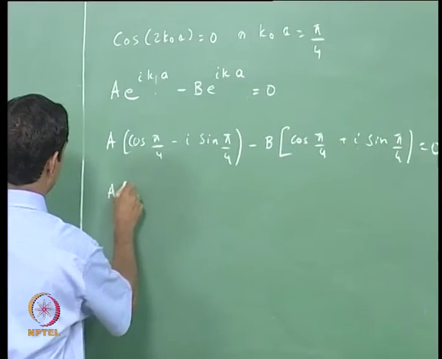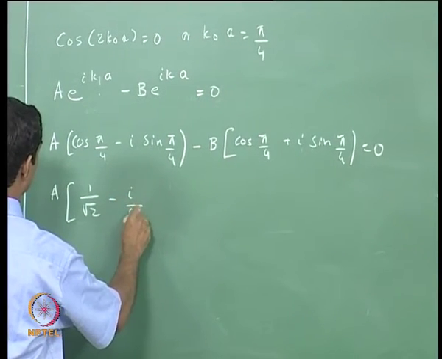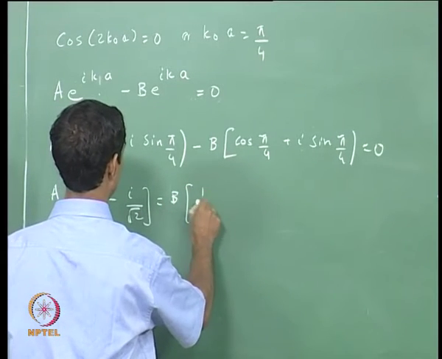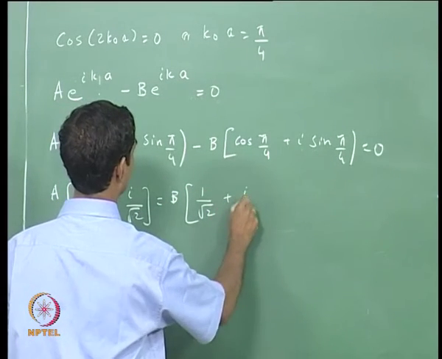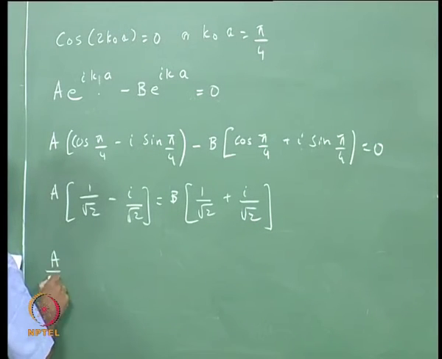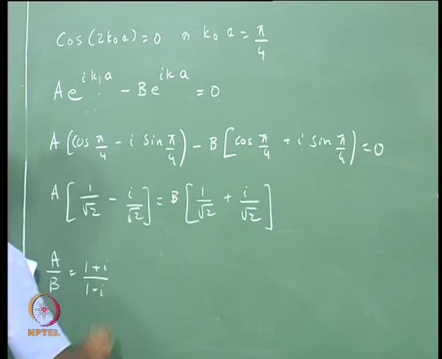So A times 1 over root 2 minus I over root 2 equals B times the conjugate, or A over B equal to 1 plus I by 1 minus I.